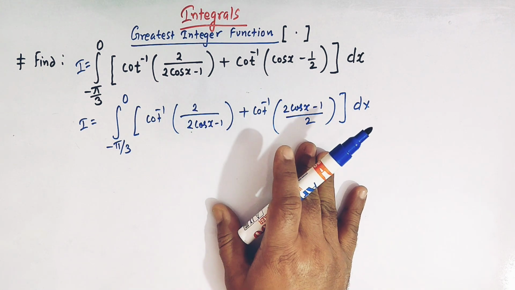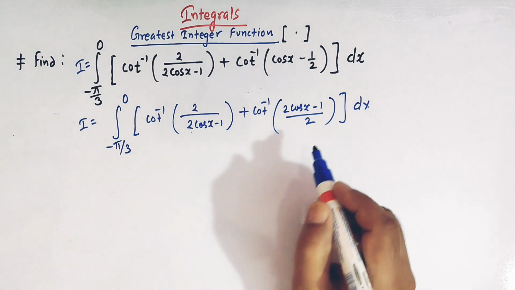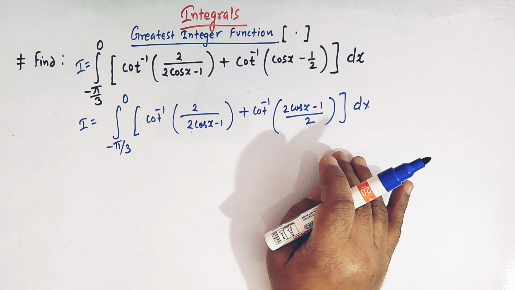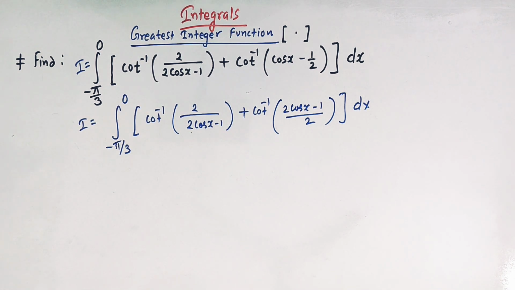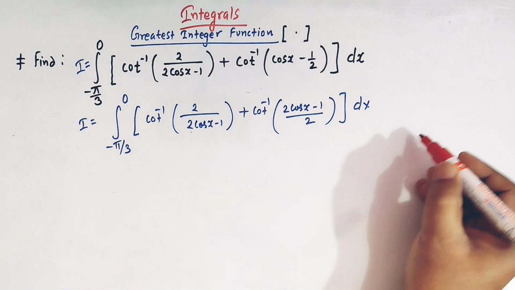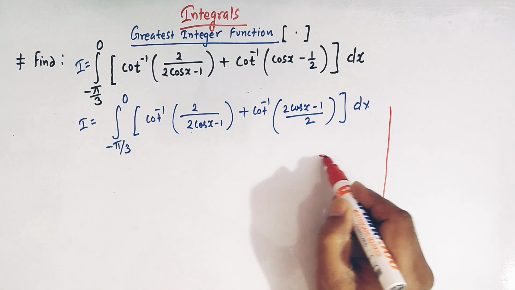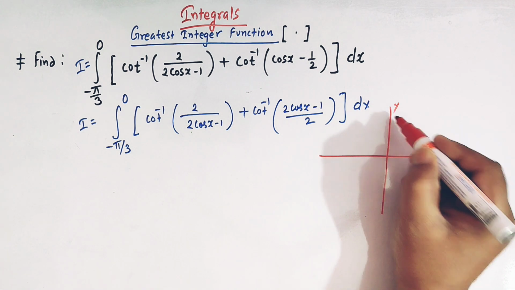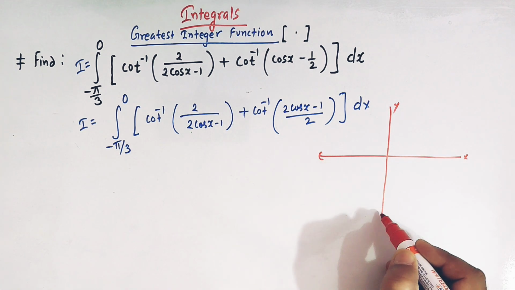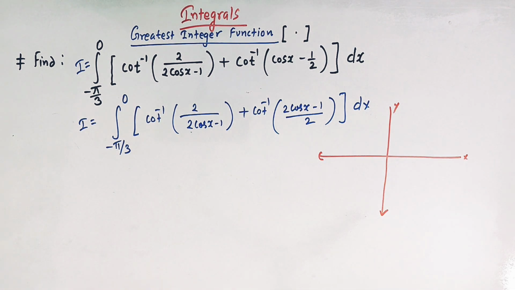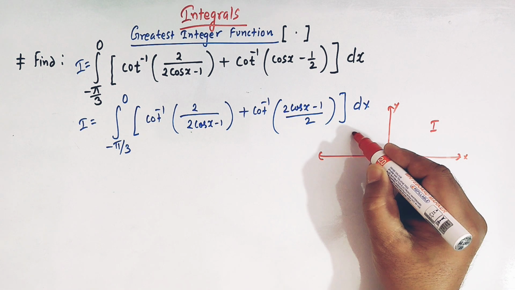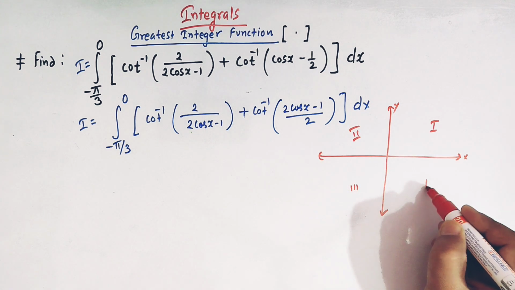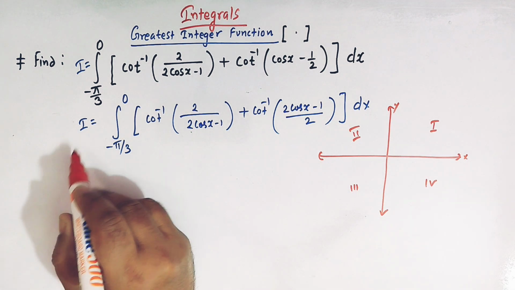Before proceeding further, let us quickly take up some concepts from inverse trigonometric functions to simplify this integral. Let us first take up the coordinate system. Here we have the x-axis, the y-axis, and the four quadrants: first, second, third and fourth.